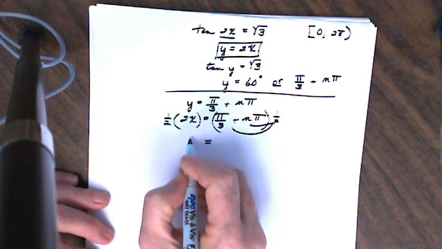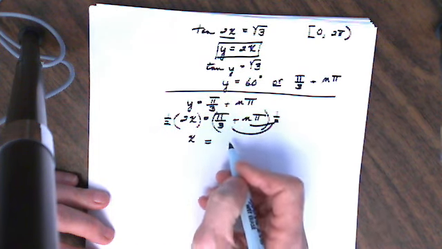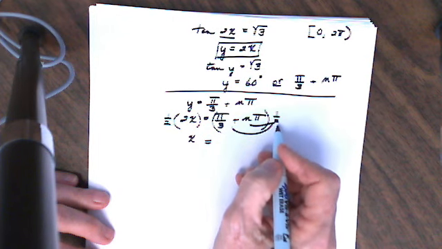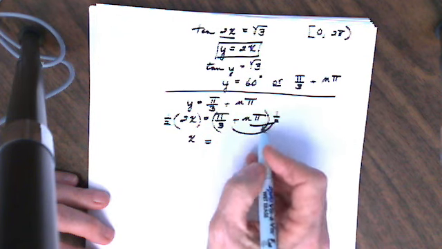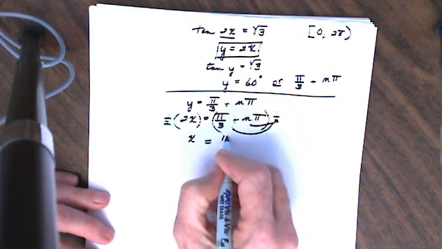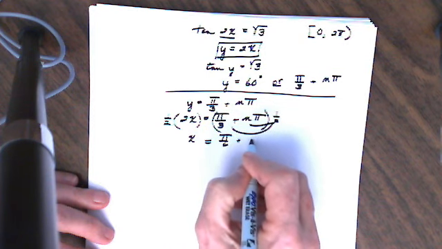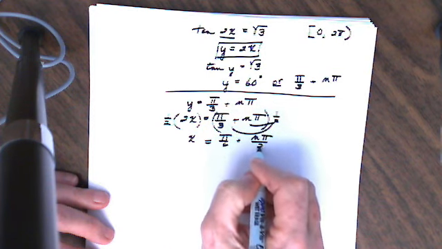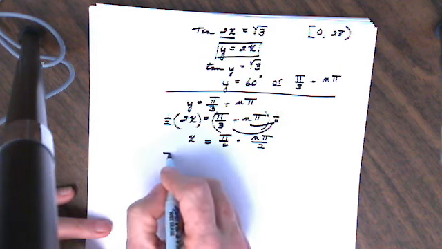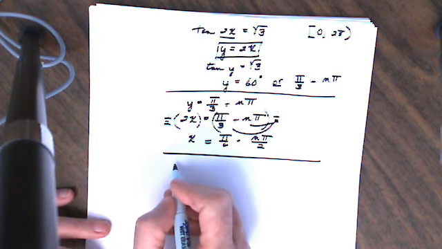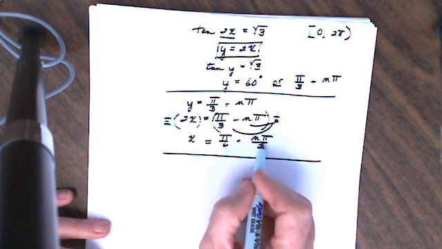Multiplying the left hand side by 1/2 gives me my x all by itself. Multiplying the right hand side by 1/2 and distributing that multiplication, I get pi over 6 plus n pi over 2.